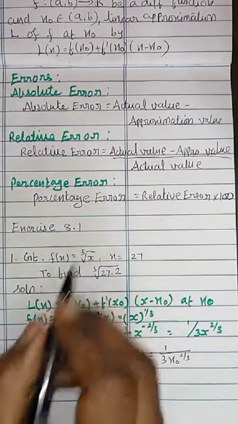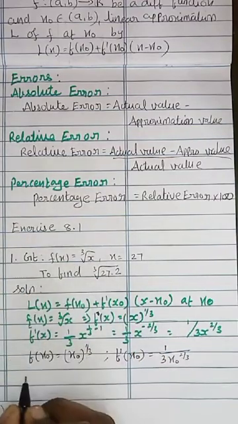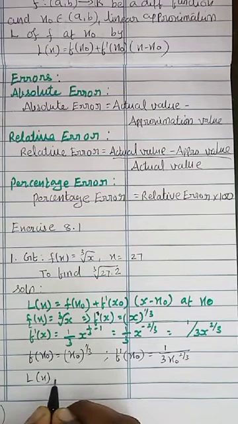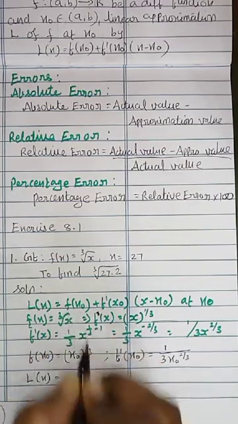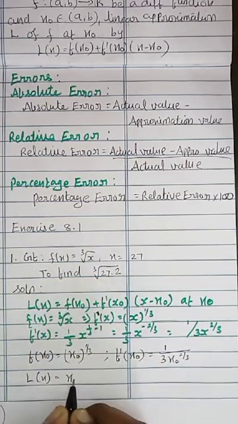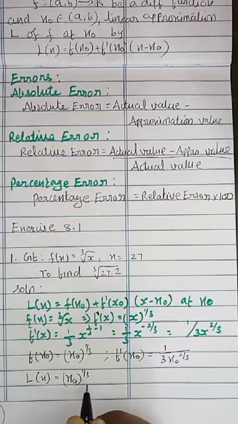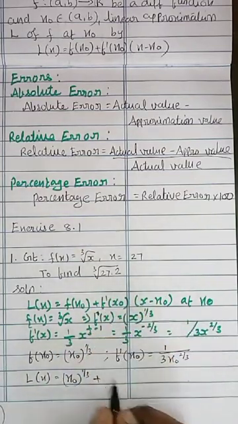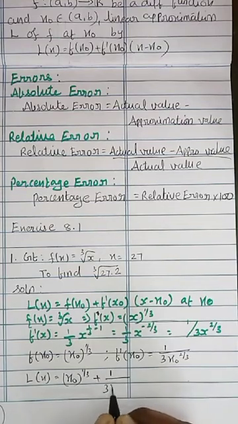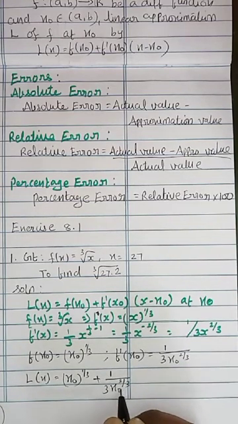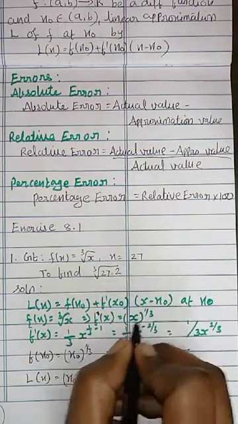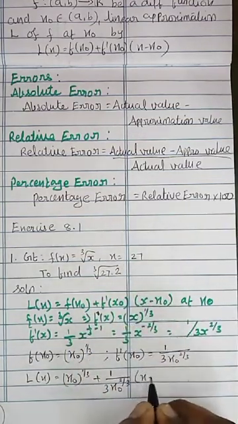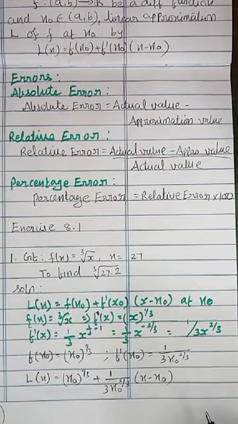Now, we are using the formula. L of x equal to f of x naught, which is x naught power 1 by 3, plus f dash of x naught, which is 1 by 3 x naught power 2 by 3, into x minus x naught.